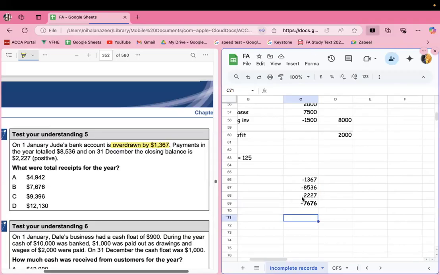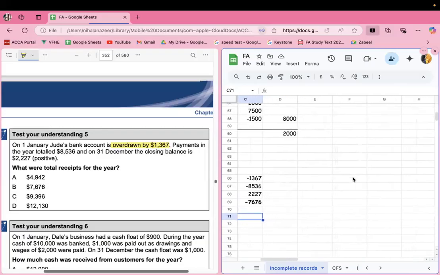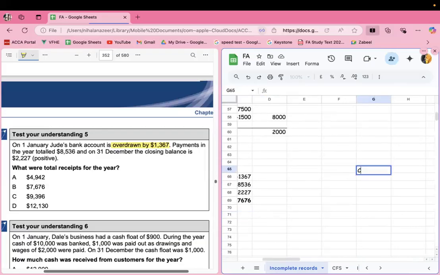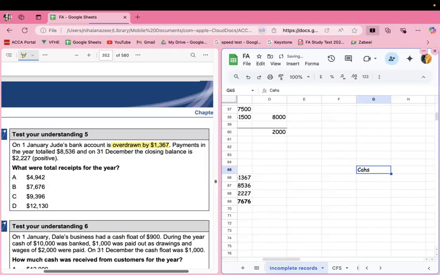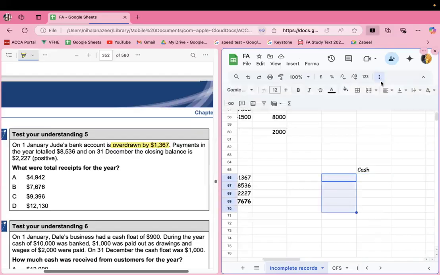Okay, if you're going to take it in a box, the cash account. Since it is a negative balance, you're going to take it on the credit side. You have to study both ways. This method is for your MCQs because it is way easier.